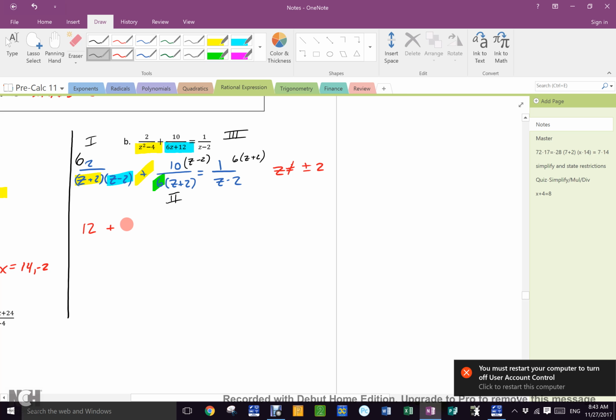Plus 10z minus 20 equals, now here is where kids screw this one up. What is over here? 1 times 6z plus 2. What is over here?